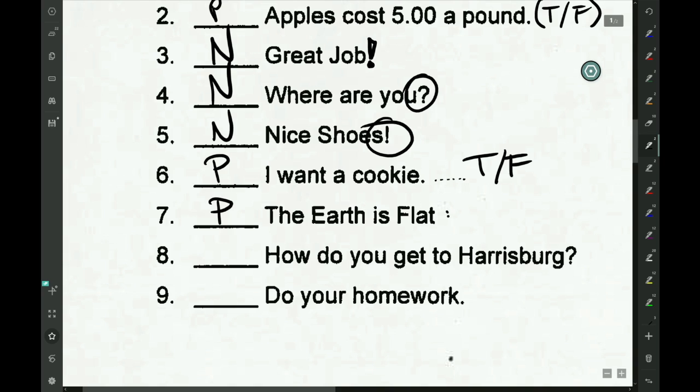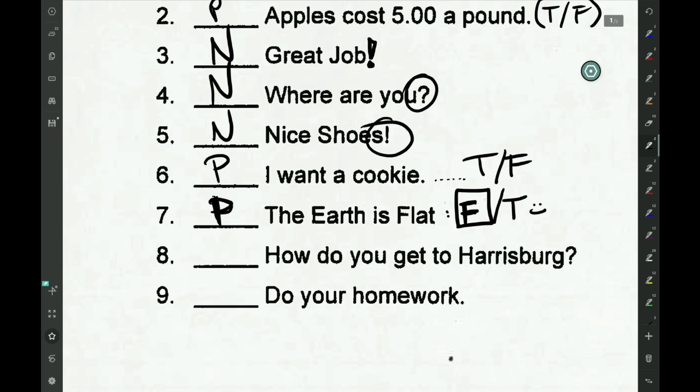We know that it's false, but again, this is kind of an ambiguous situation. Even though you know that this is false, it can still be answered with true or false. It's not an exclamation or anything like that.